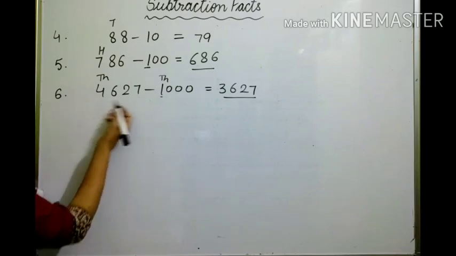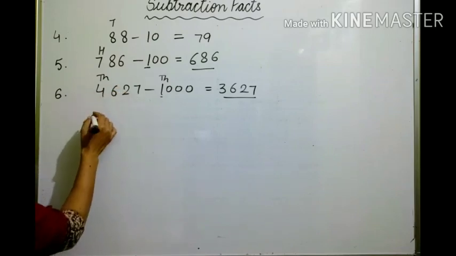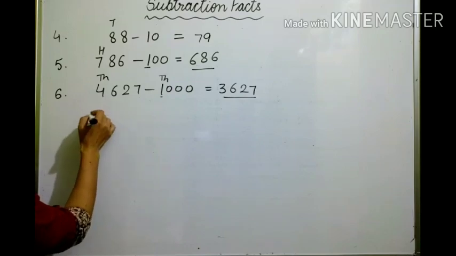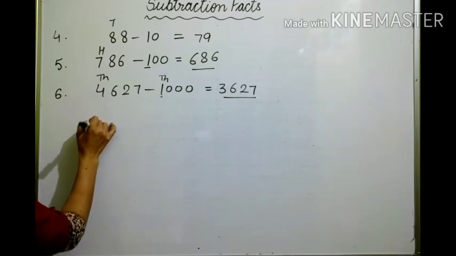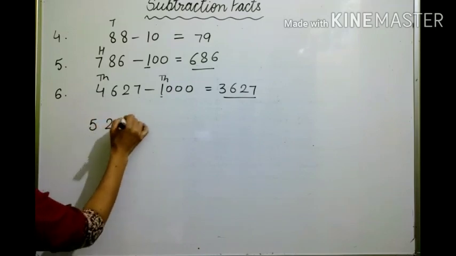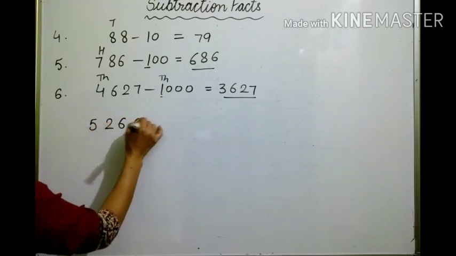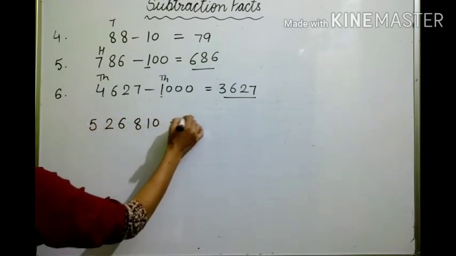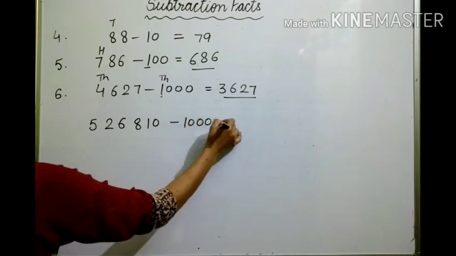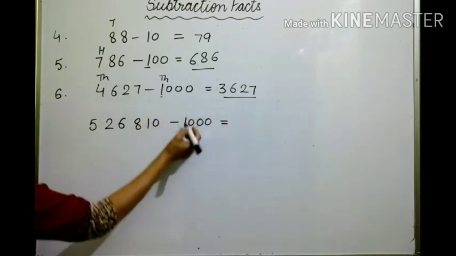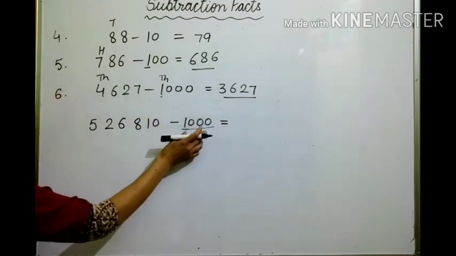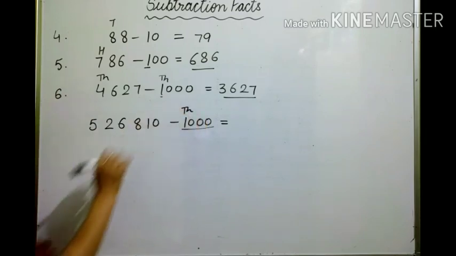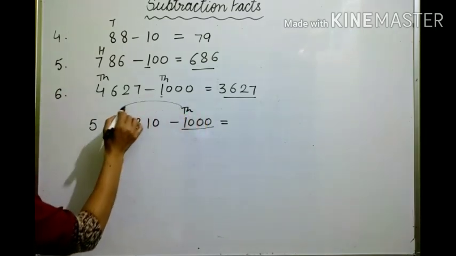Let's take more than 4 digits. Take a 7 digit number, 6 digit number. 5,26,810 minus 1,000. If we see here, 1000 we are subtracting, means we will check the thousands place digit.